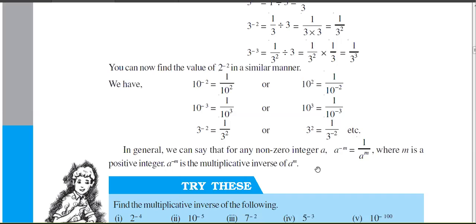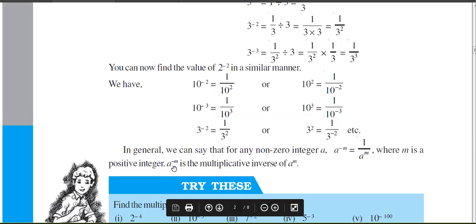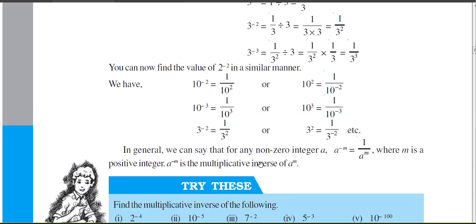If you remember what you have done in class 7, a^m into a^n equals a^(m+n). Am I right? Yes. So similarly, a raised to the power minus m into a raised to the power m will be a raised to the power minus m plus m, which is a raised to the power 0, because minus m plus m is 0. And a raised to the power 0 is nothing but 1. So they are multiplicative inverses.